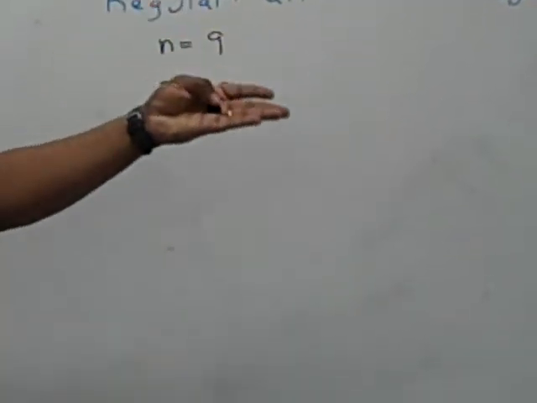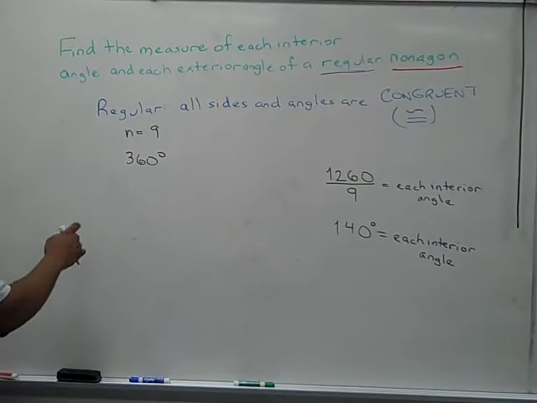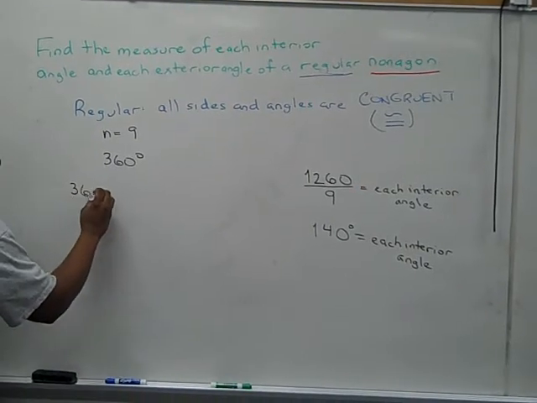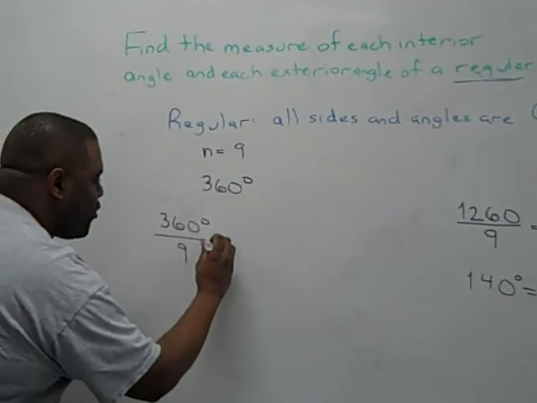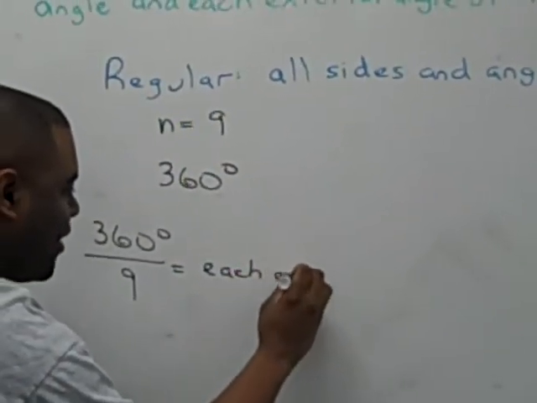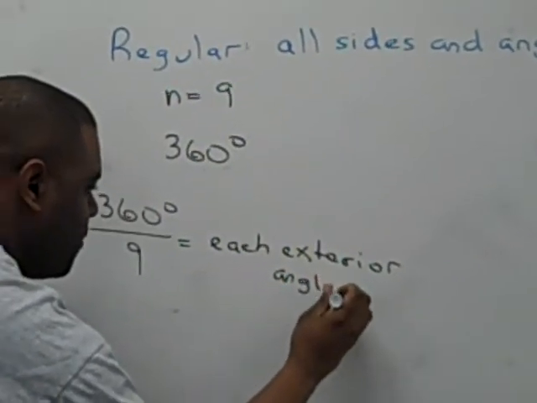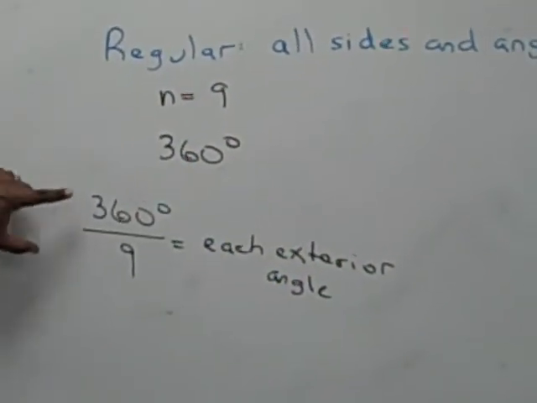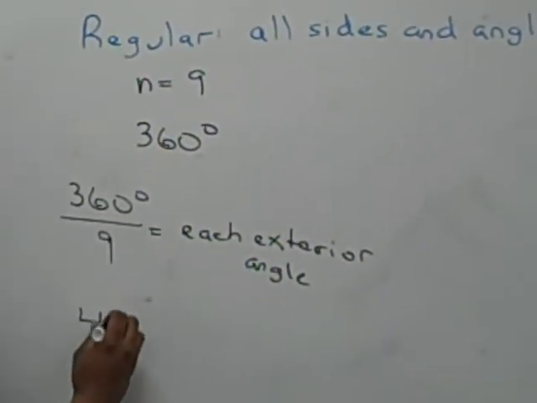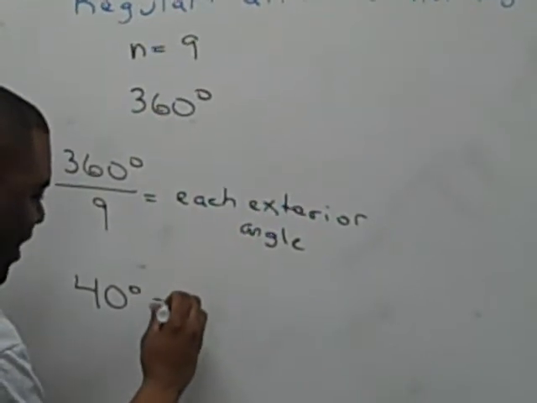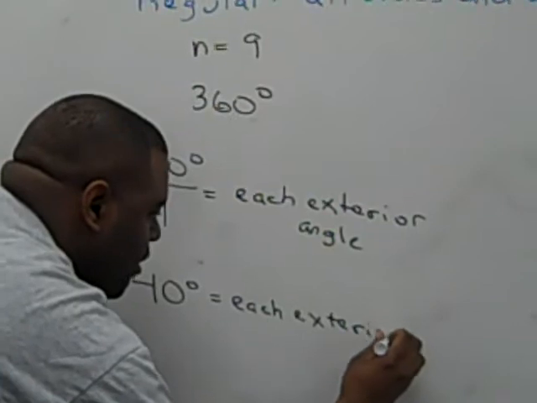We're going to do exactly what we did before with the interior angles and do some dividing. We take 360 degrees and divide it by the number of sides, which is 9, and this will represent each exterior angle. 360 divided by 9 gives you 40 degrees. So 40 degrees is each exterior angle.